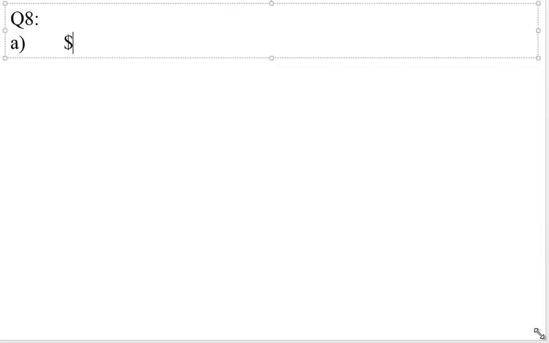That's personal use. So 500 times 12 is your taxable income. 6,000, right?